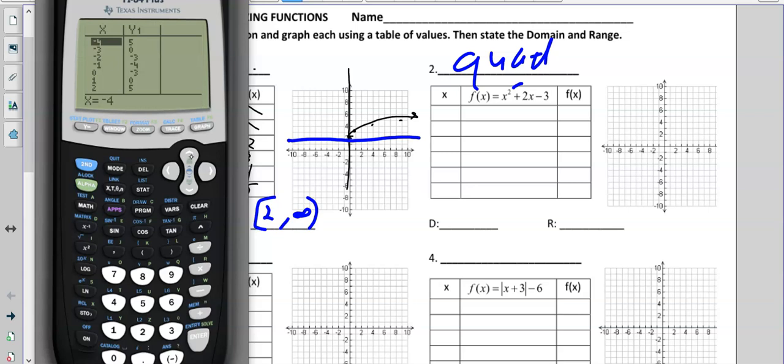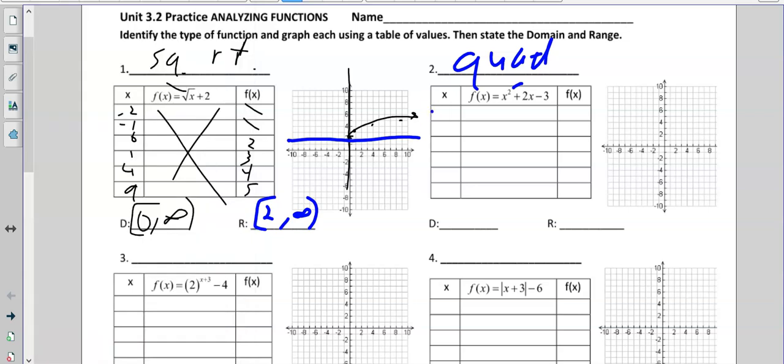So -4, 5, -3, 0, -2, -3, -1, -4, 0, -3, 1, 0, and now you're starting to see it repeat. And I can keep going, it'd be 2, 5.